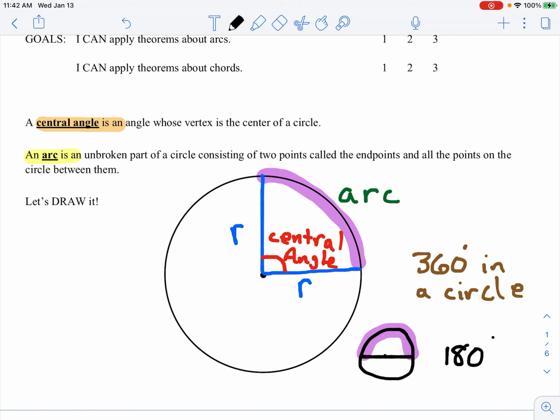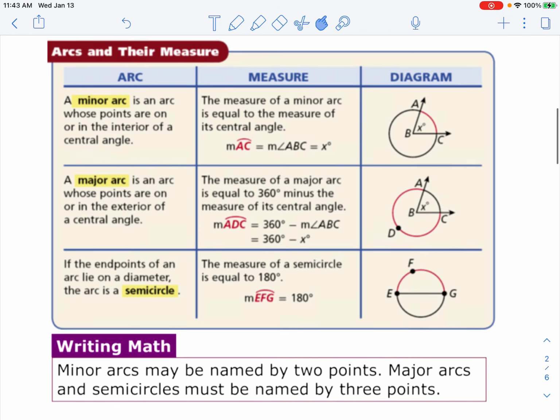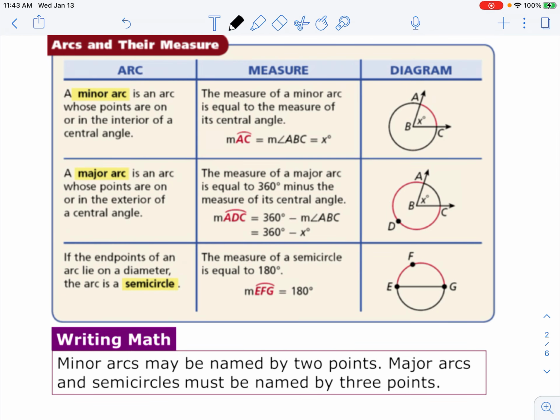So a central angle is the angle that forms in the center between two radii. The arc is the part of the circle that contains all the points between the two endpoints where the radii touch. So let's look at a couple of things. The central angle is going to be found by finding what the arc is.